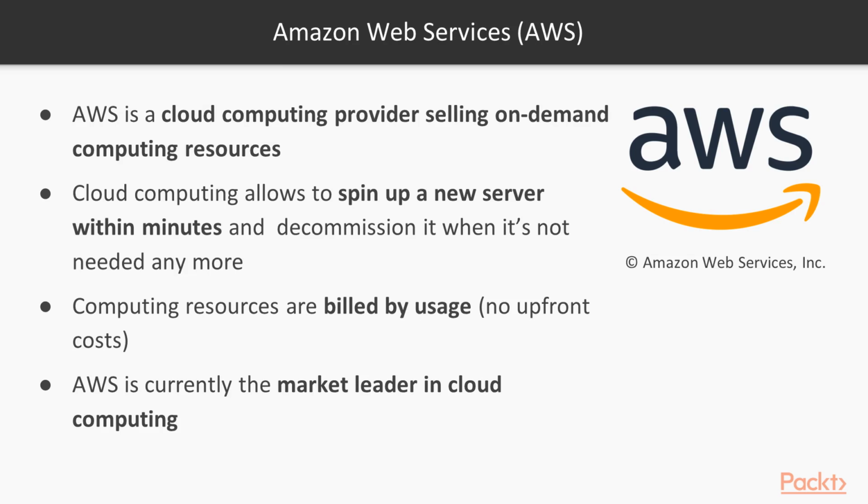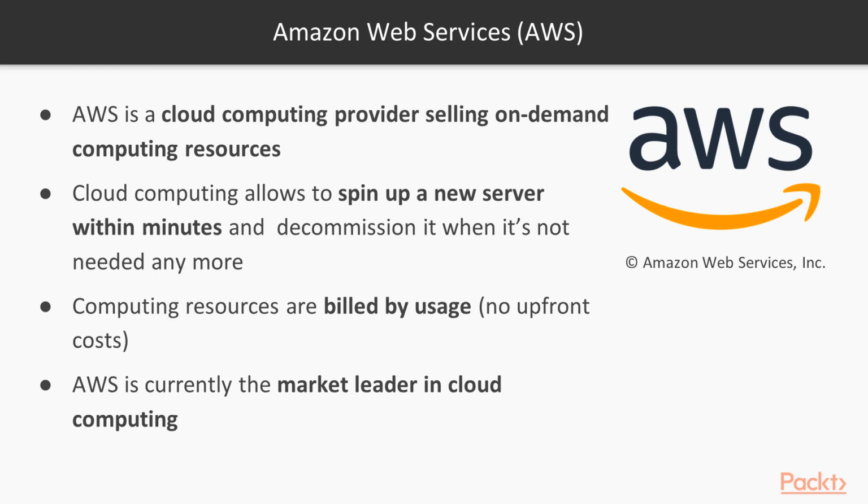AWS is a cloud computing provider selling on-demand computing resources like servers, storage, etc. AWS, and cloud computing in general, allow you to spin up a new server within minutes and to decommission it when it's not needed anymore.